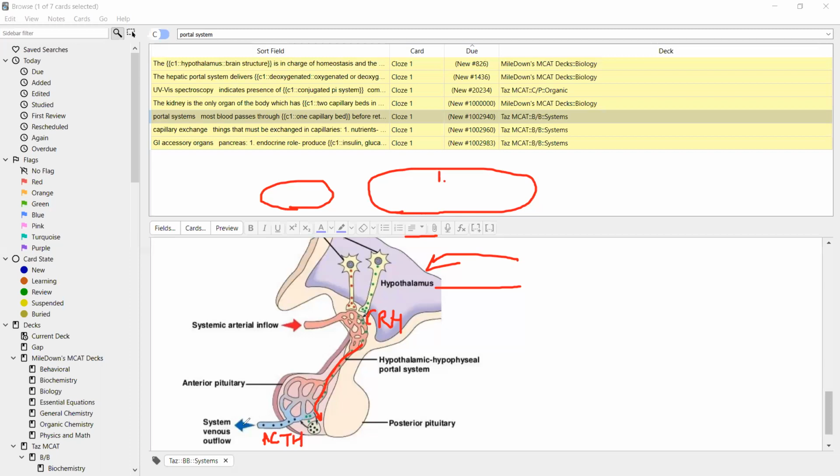And then the adrenal glands are going to receive this ACTH. Does that make sense? This is very critical to understand, that the hypothalamus is not producing those hormones, it's producing the hormones that tell the anterior pituitary to produce the peptide hormones. Make sense?